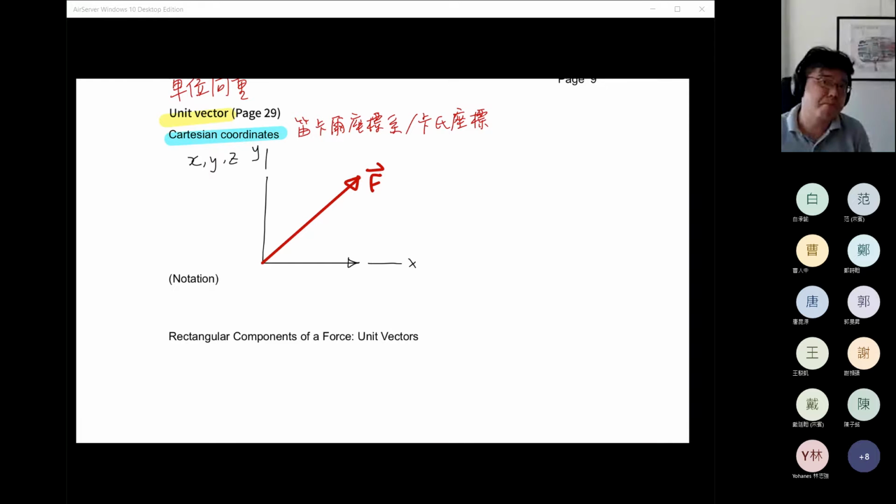We can break it down into two parts and treat it as the sum of two vectors.